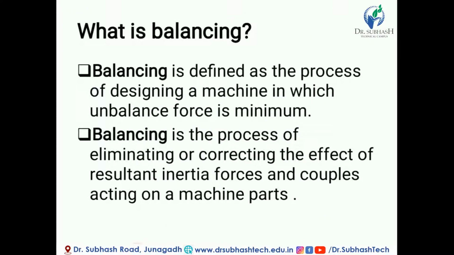First of all, let us understand what is balancing. Balancing is defined as the process of designing a machine in which unbalanced force is minimum. That means if a machine has minimum or no unbalanced force, then we can say that our machine is in complete balance.